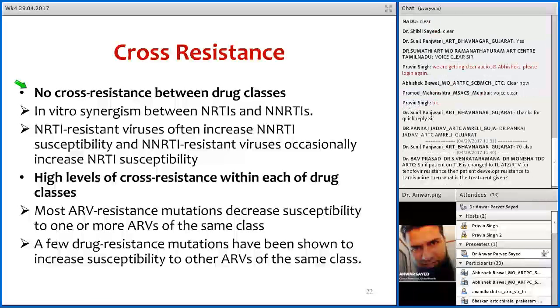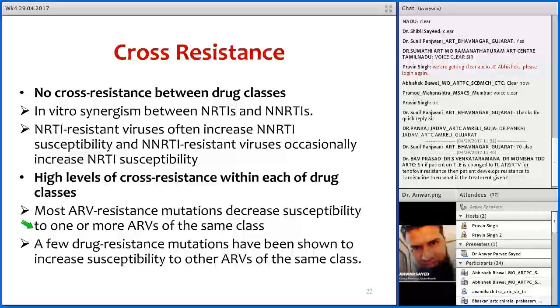If both of them are used together, there will be synergism. Then there is high level cross resistance within each class of drug. This is actually problematic. For example, if you have K103N, there will be resistance to Nevirapine, and along with that there will be resistance to Efavirenz also.